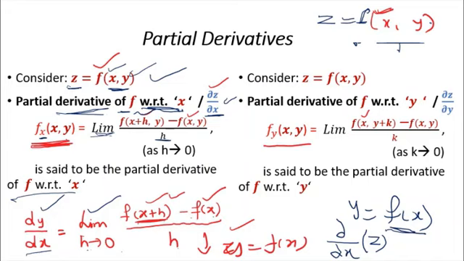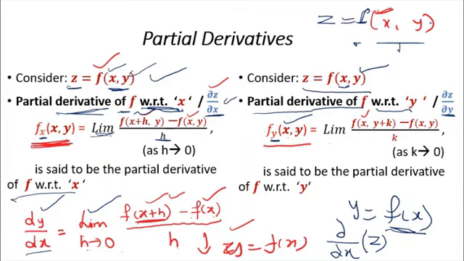Similarly, we can differentiate the same function z = f(x, y) with respect to y. In that case, we don't change anything in x. So here you have the partial derivative of f with respect to y. You denote it with ∂z/∂y, and write it as f_y(x, y). The function f(x, y) differentiated partially with respect to y is equal to the limit of, now, the change should be only in y, not in x. x is treated as a constant, so keep x as it is.